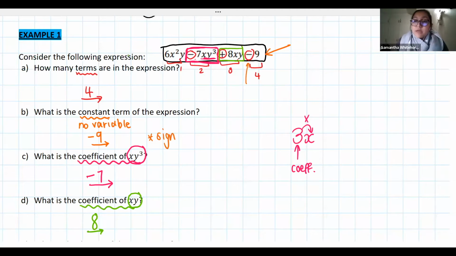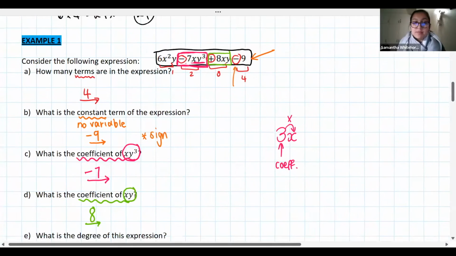The point of me asking you these 2 questions is mostly to get you to read questions properly. If you didn't read the questions properly, you could easily mix up the first 3 terms because all of them contain x and y. You have to be very mindful of which term I'm talking about, and you'll see that by reading the question properly. So that was just a test to make sure you read questions properly.